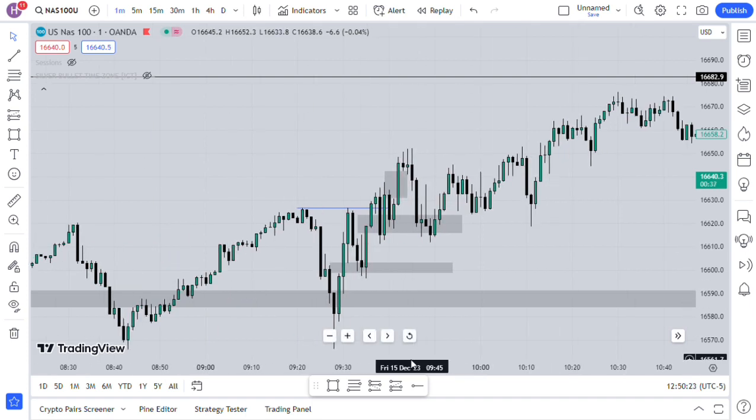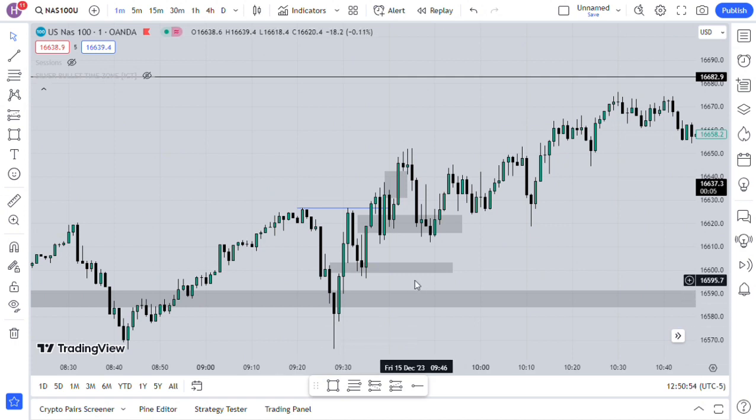Today we'll be looking at NASDAQ, because I want to show you guys that this skill applies on all markets, whether forex, futures, or if you're trading on binary or deriv.com. It also applies to the derivatives such as VIX 50, VIX 100, VIX 75.